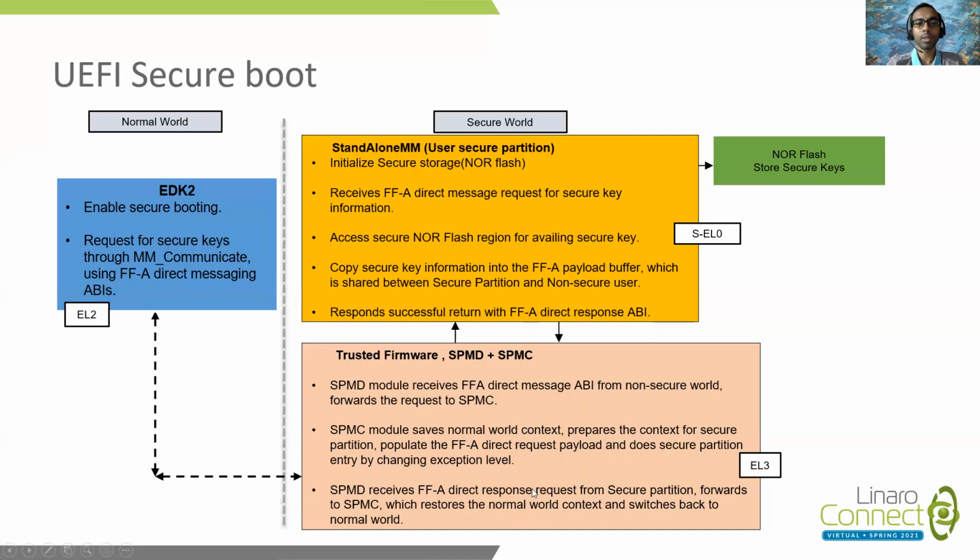So after the FFA direct response API is received by SPMD, it will forward it to the SPMC, and SPMC will pass on the payload message and restore the normal world context. And thus the normal world routine in the Communicate and EDK II will resume.